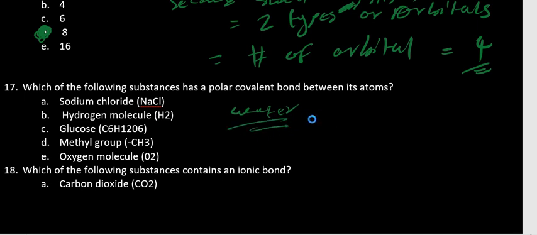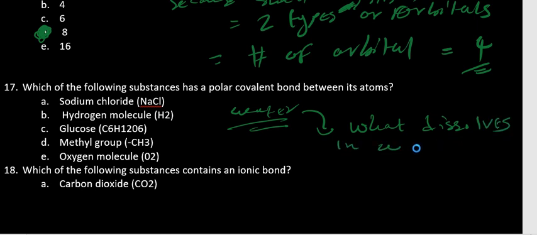But to make things easier, you just need to look for what dissolves in water. What dissolves in water? So amongst the substances, what dissolves in water is just glucose.